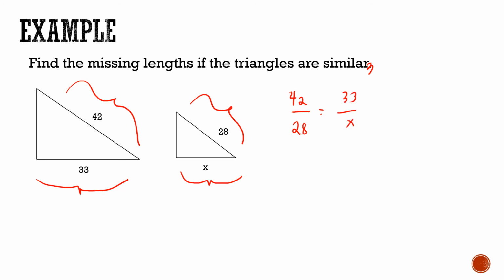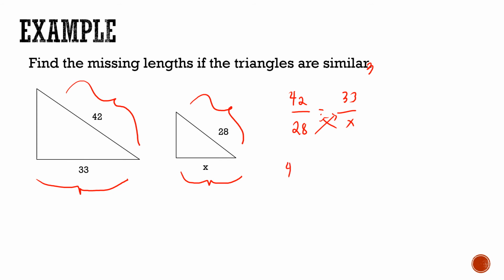You can use the means and extremes, which first requires converting the fractions into ratio form, or you can use cross multiplication using the diagonals of each fraction. I'll be using cross multiplication for this one.